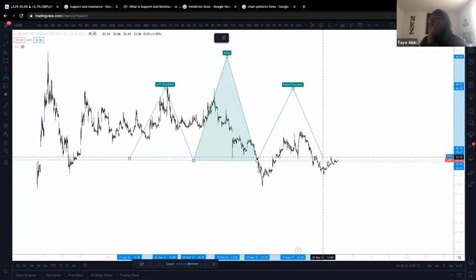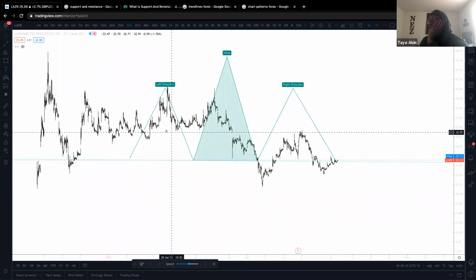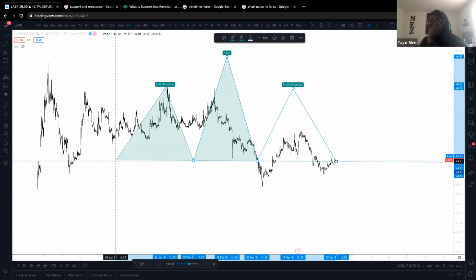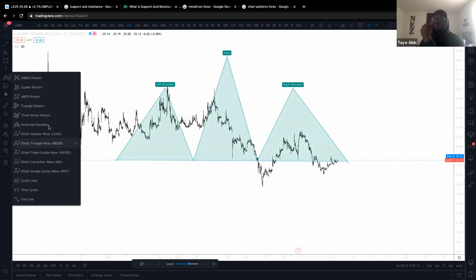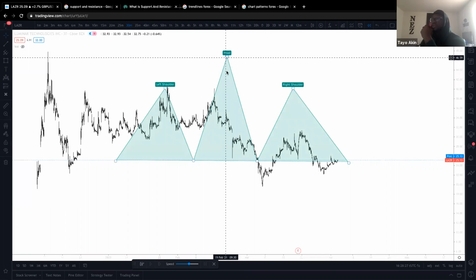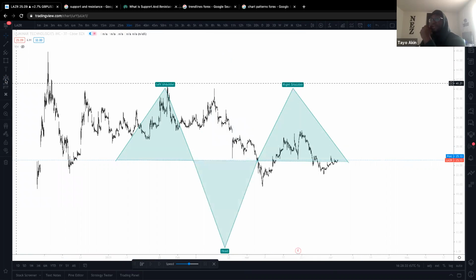This can help you identify things such as head and shoulders. It's all up to you how you want to learn that kind of stuff. But like I said, you have all the tools that you need, and it's all there. Of course, you have the reverse ones, and you can just put it under, and so on.